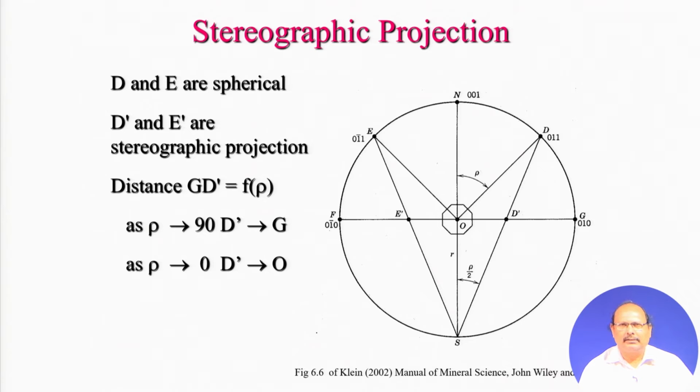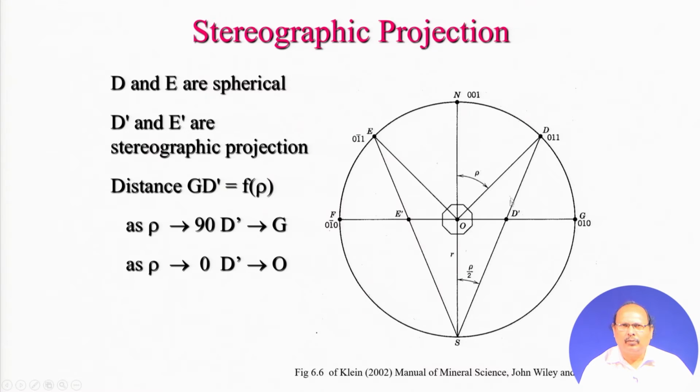Let us consider there are two face poles, one of D orientation and the other of E orientation here. Let us consider that these are spherical projections of certain faces. This face is 0 1 1 and this is 0 bar 1 1 here, and F G is the projection of the equatorial plane here, and this is a line here, and S is the south pole here.